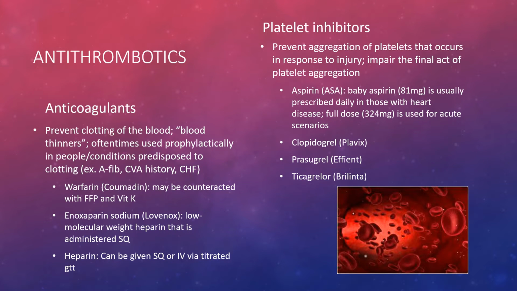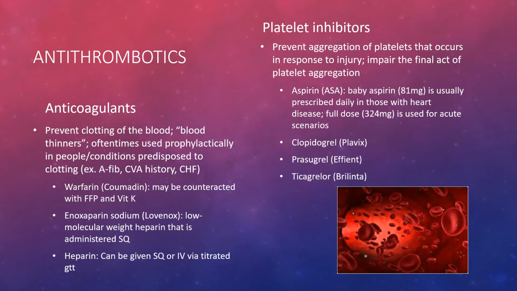So antithrombotics. There are anticoagulants and platelet inhibitors that fall under this umbrella. Anticoagulants prevent clotting of the blood, aka blood thinners, oftentimes used prophylactically in people with conditions predisposed to clotting, things like atrial fibrillation, a history of stroke, congestive heart failure.